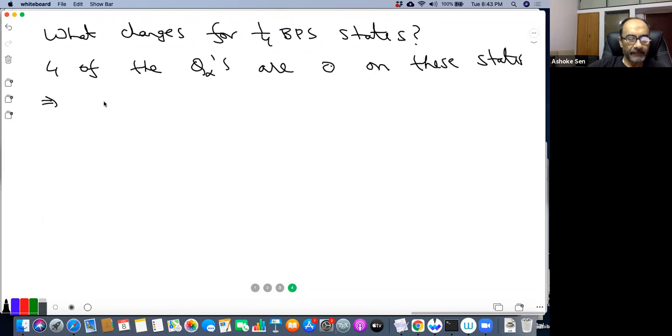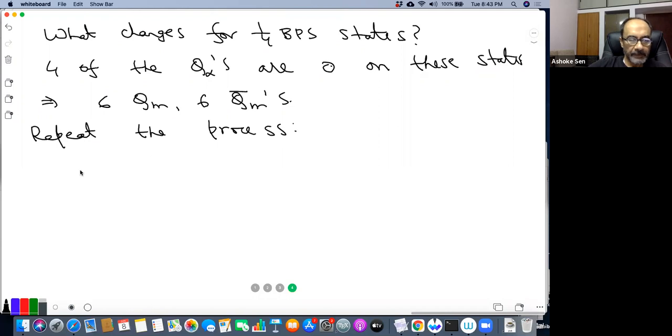So basically we have 6 QMs and 6 QM bars. So you repeat the process. And what we get there is B6 is 1 over 6 factorial, now you get sum over alpha equal to 0 to 6. Okay, all that happens is that 8 gets replaced by 6.